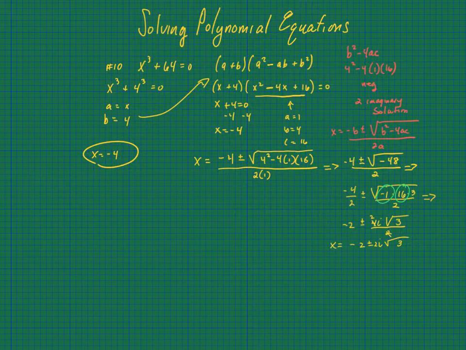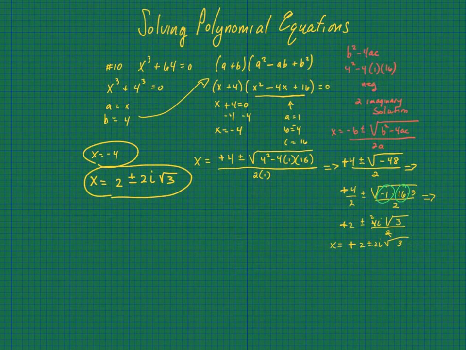Let's see, so what would that have done along the way? That would have changed this to a negative 4, and would have changed these to a positive 4, positive 4, positive 4, positive 2, positive 2. There we go. So we have x equals negative 4 and x equals 2 plus or minus 2i square root of 3. 3 possible answers.